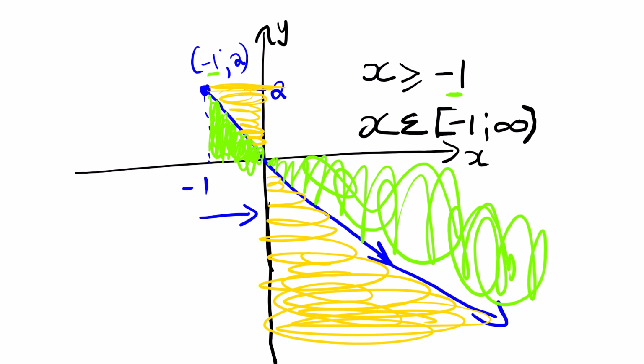So how do we write our range? Y is less than or equal to 2. So you can see that from this point, our y goes in this direction, it's less than 2.